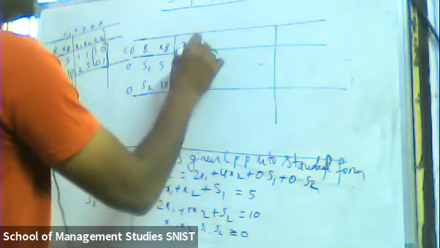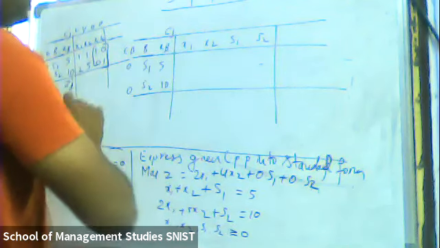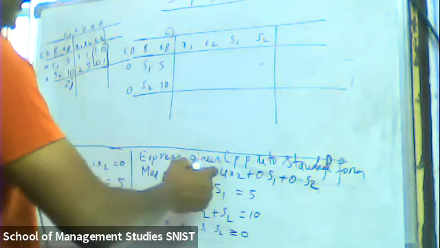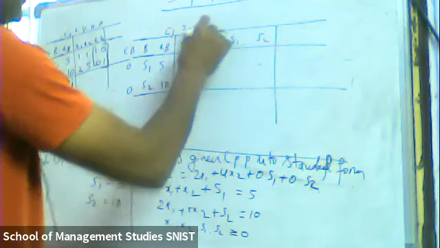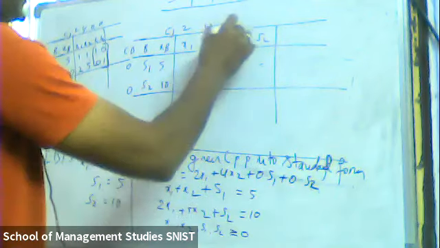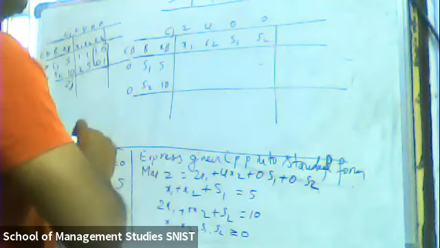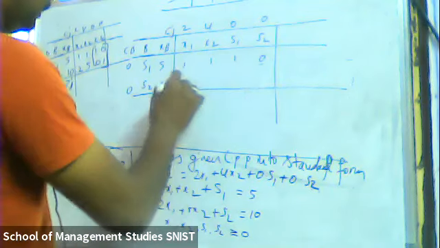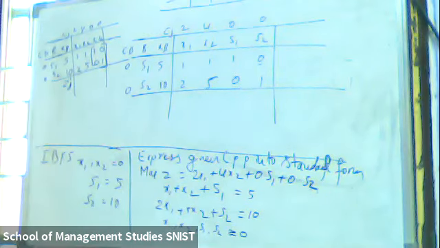So x1, x2, S1, S2, Cj: coefficient of x1 in the objective function is 2, x2 coefficient in the objective function is 4, S1 coefficient in the objective function is 0, and S2 coefficient in the objective function is 0. Now 1, 1, 1, 0, right? 2, 5, 0, 1. Is it clear?